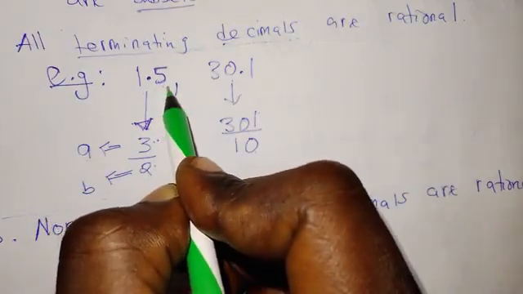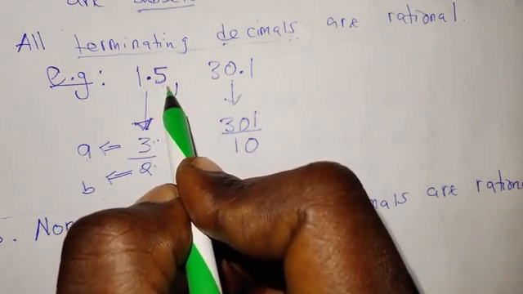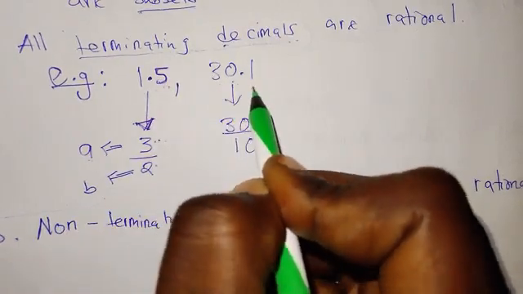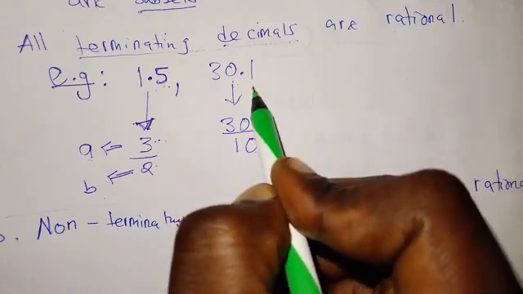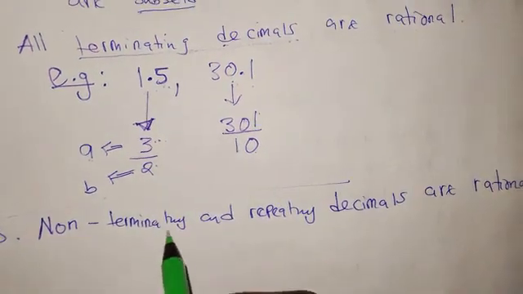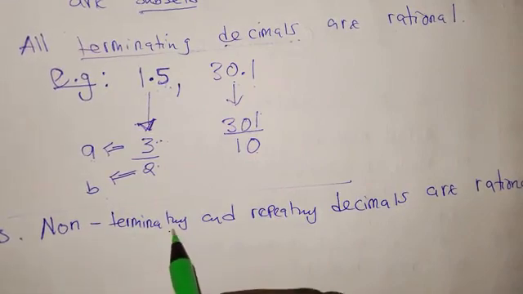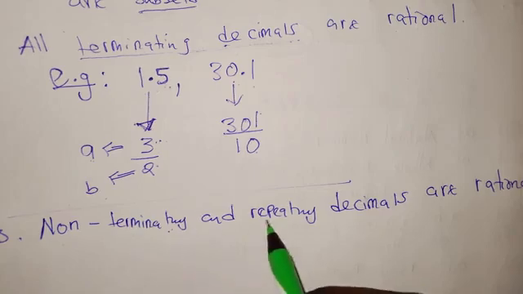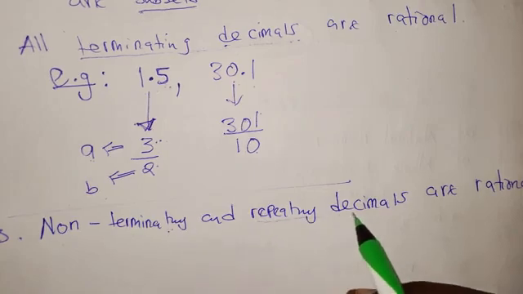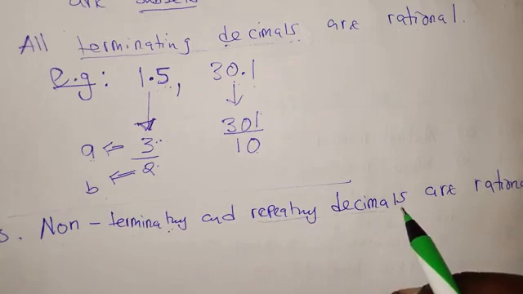But there are numbers whereby when you punch on a calculator, they don't end. They are continuously running. But in the continuous running, some are non-terminating and after a point, they are repeating decimals. That is the characteristic we're supposed to understand.